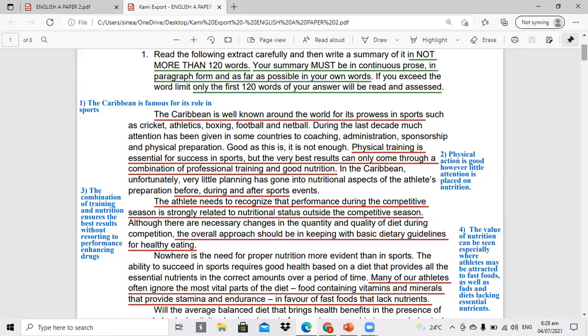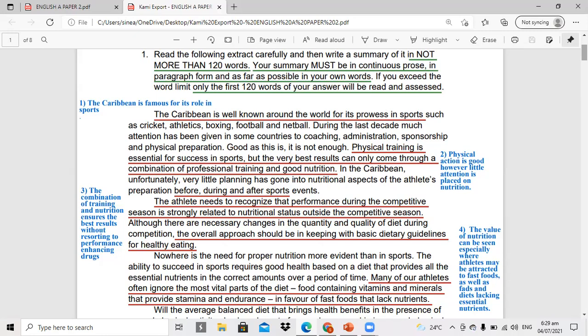It says physical training is essential for success in sports, but the very best results can only come through a combination of professional training and good nutrition. So that is point two: physical training is good, however, little attention is placed on nutrition.